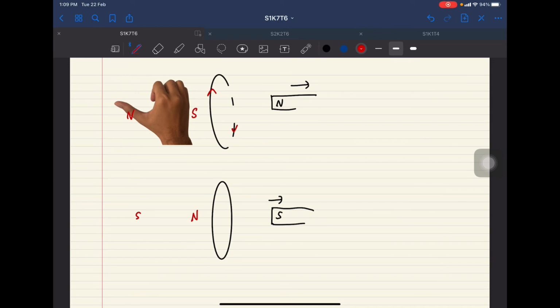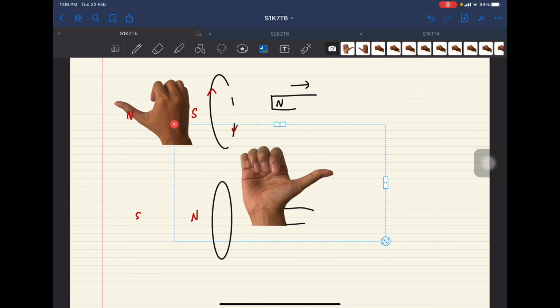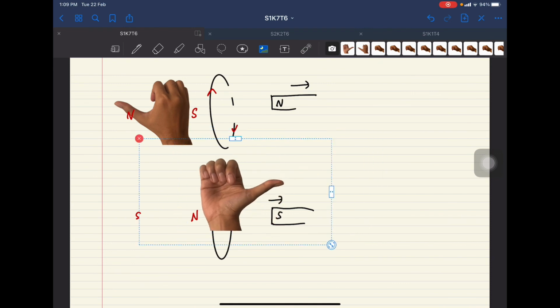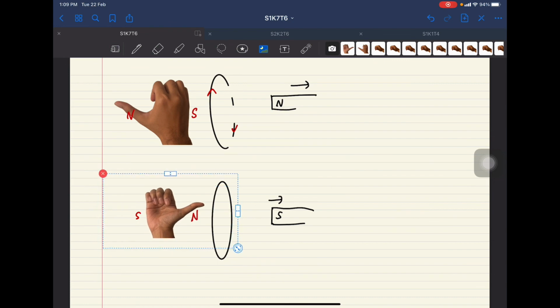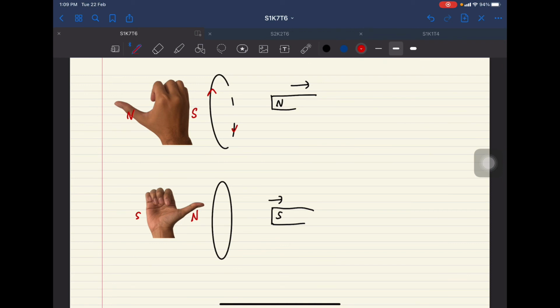So here in this case, the diagram will look something like this. Your thumb following the north direction and your south will be in that direction. So induced current will follow the curl, so you will have it in that direction.